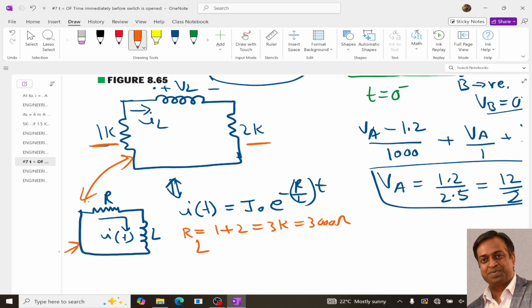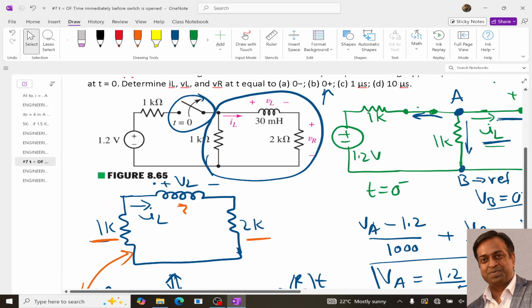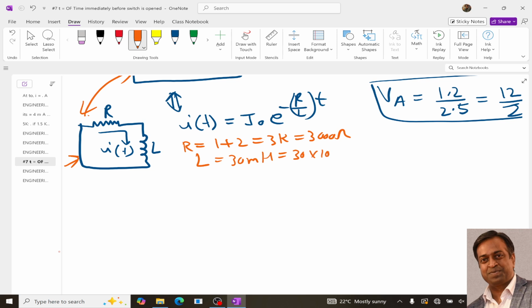What is our L? What is the value of L? It is 30 millihenry, so our L is 30 into 10 power minus 3 Henry. Now substituting these values of R and L in this equation, we get IT equals I naught e power minus R over L times t, with R as 3000 and L as 30 into 10 power minus 3.